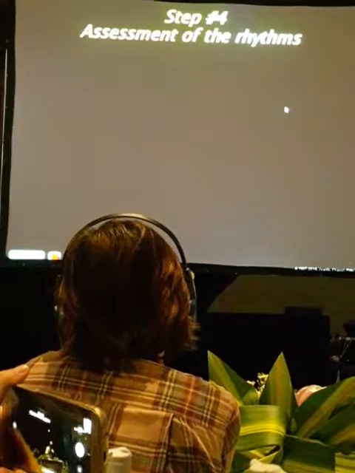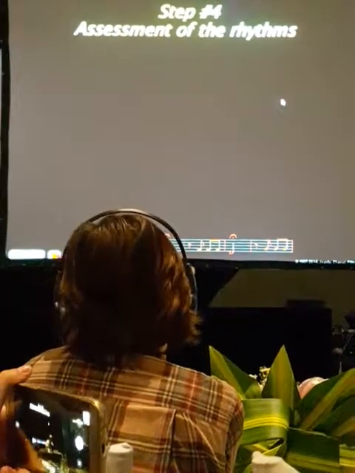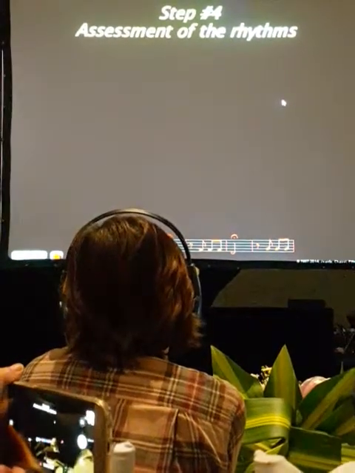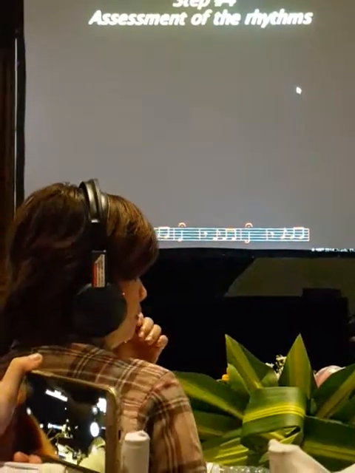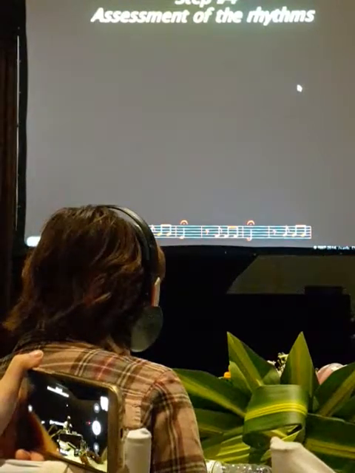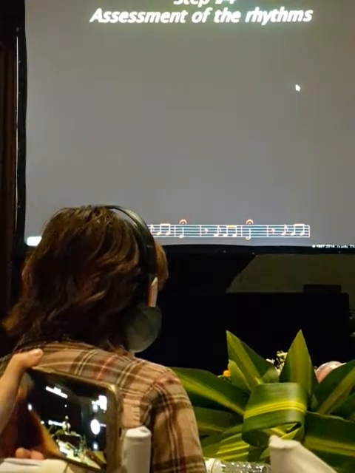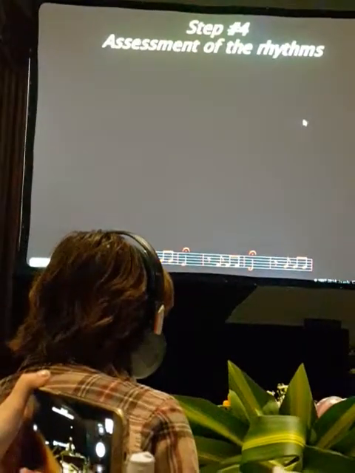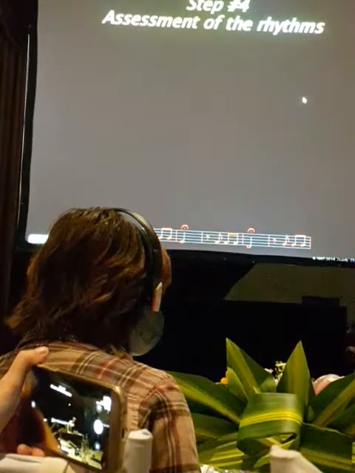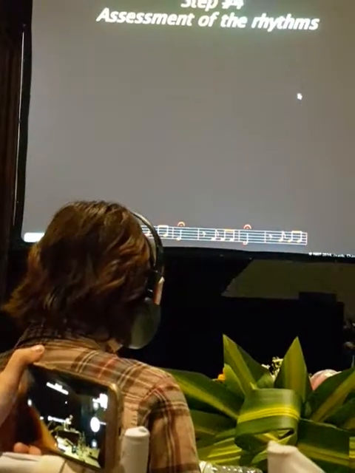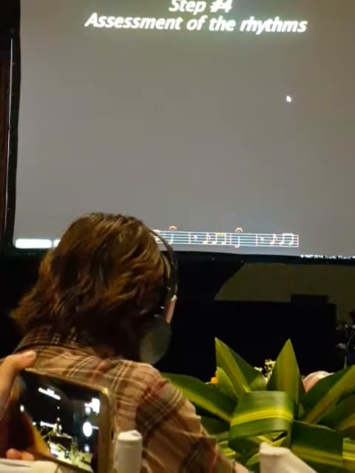And this is the assessment of the rhythm. So, for those of you who have a musical ear, what is the music here? What is the song? What is the tune? Anyone?